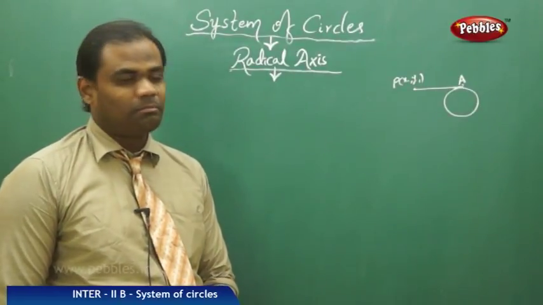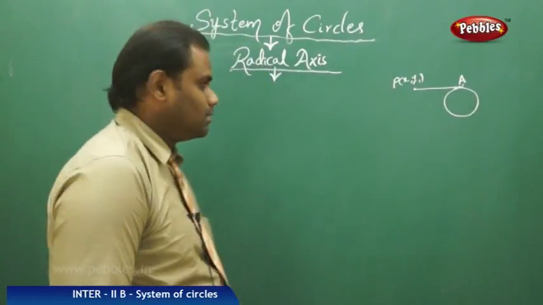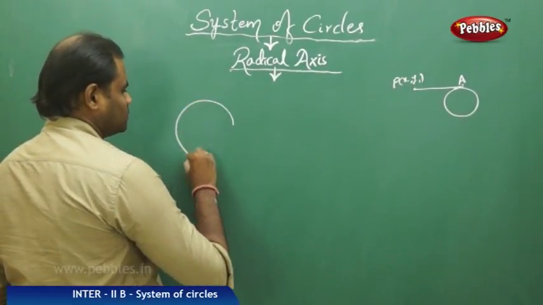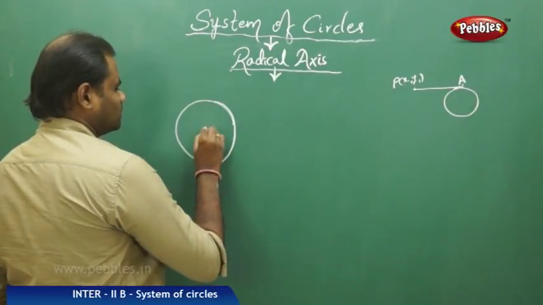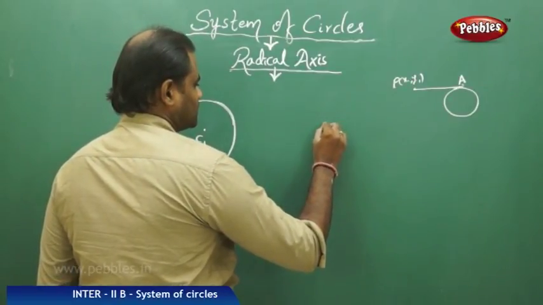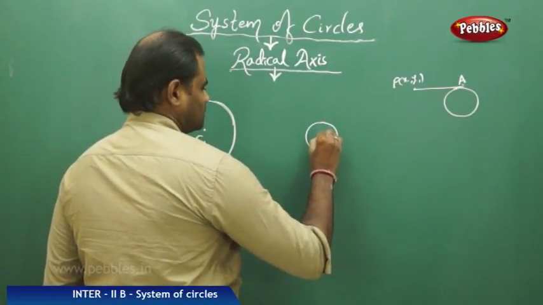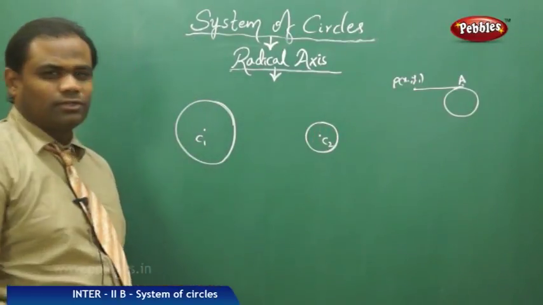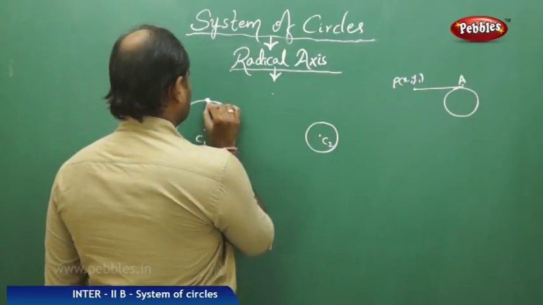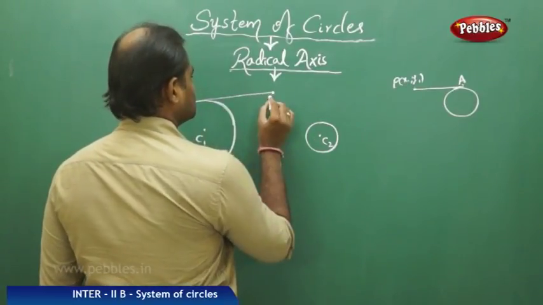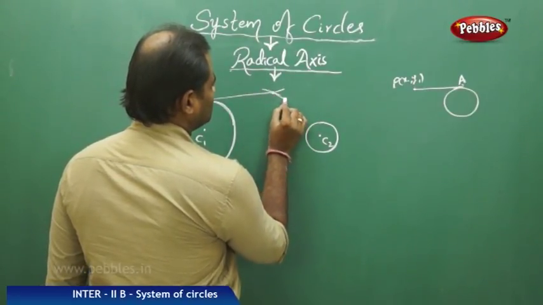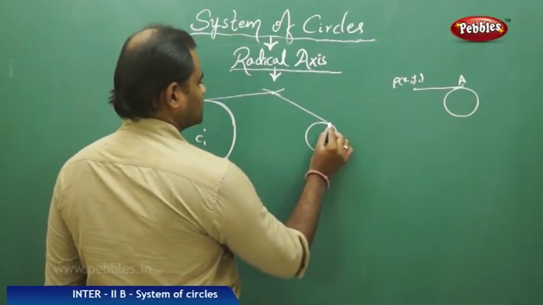So using the concept of power of a point with respect to the circle, let's take 2 circles, circle 1 with center C1 and the circle with center C2. For these 2 circles, suppose I have a point where the power of the point with respect to this circle and the power of the point with respect to this circle is the same.